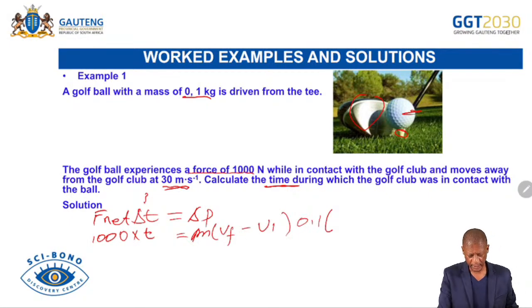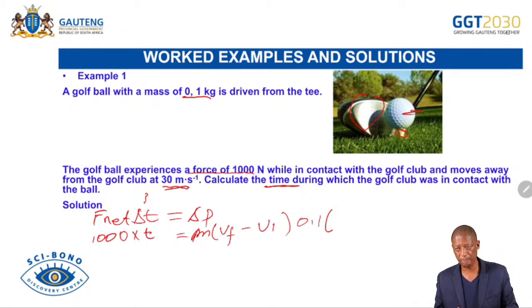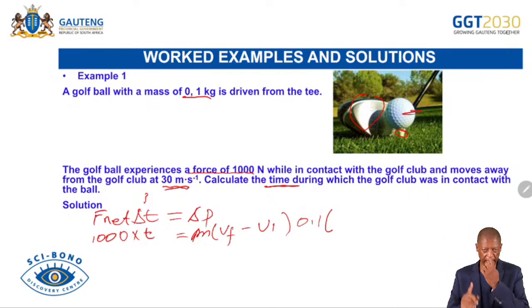Let us read. The golf ball experiences a force while it is in contact with the club and moves away from the golf club at this velocity. In other words, there was an initial velocity, and then it moved away.